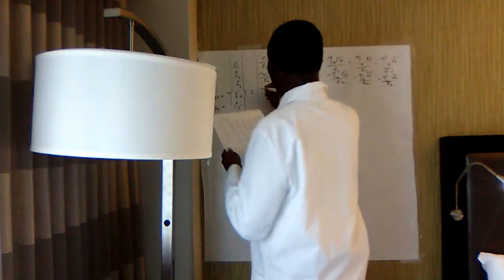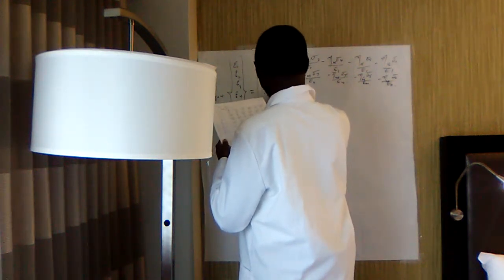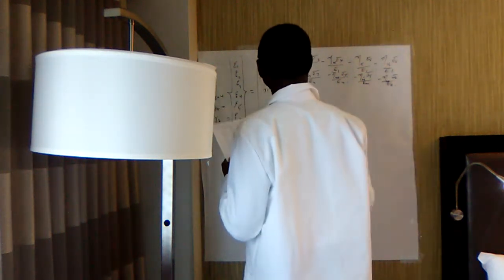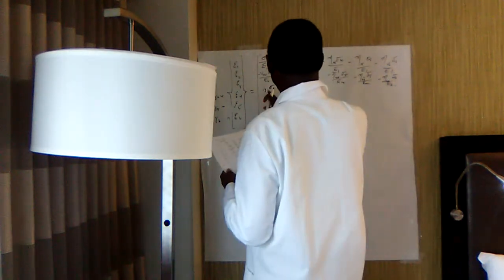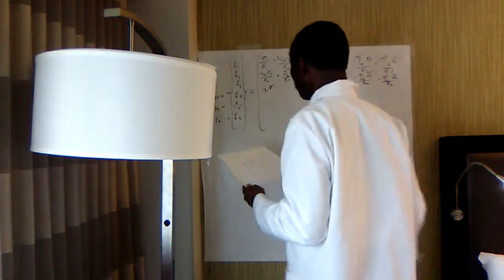And so as we go on now, V31 sigma 1. This will be the third row, first column; second row, first column; first row, first column.